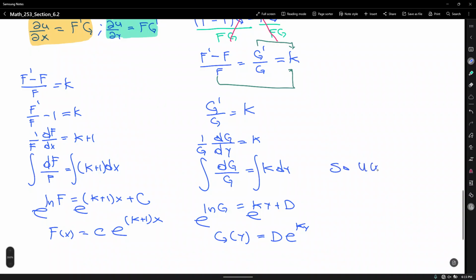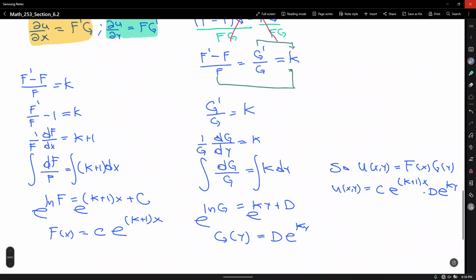So u of x, y equals, again, I'm going to restate that, f of x times g of y. So u of x, y equals, what's f? C e to the (k plus 1)x times d e to the ky. All right.